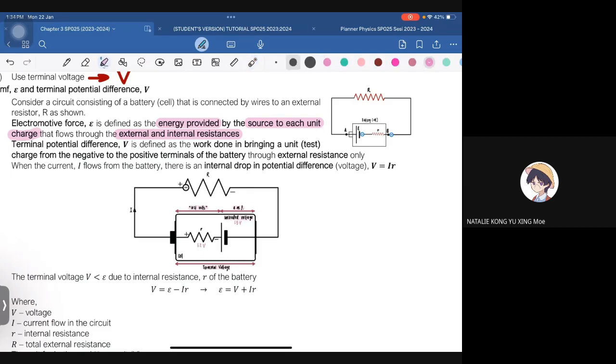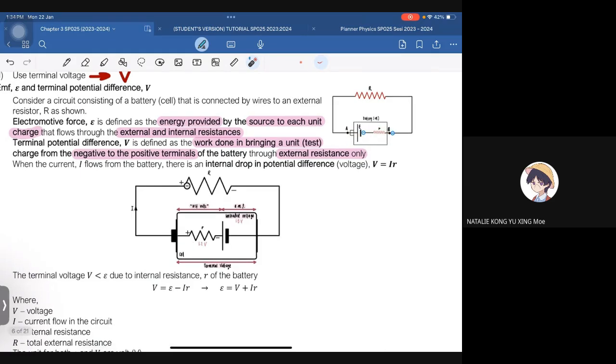It is the work done in bringing a test charge from the negative to positive terminals of the battery through external resistance only. So it does not move inside the battery. Terminal voltage moves from the positive to the negative terminal through the external resistor. So it does not pass through the inside of the battery, it passes through the wire.